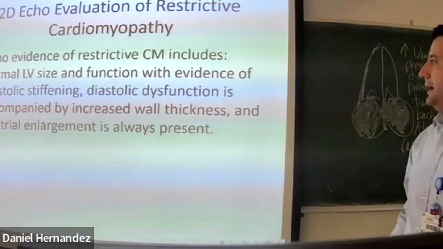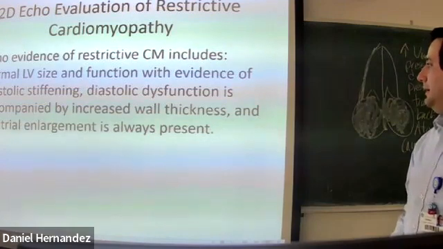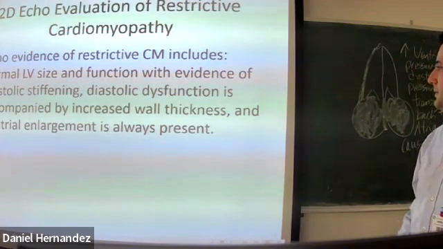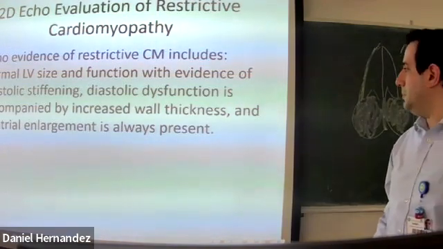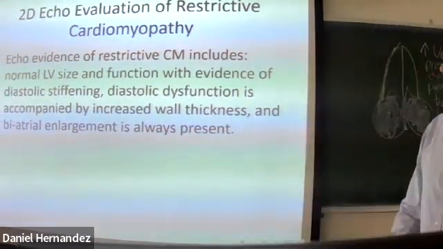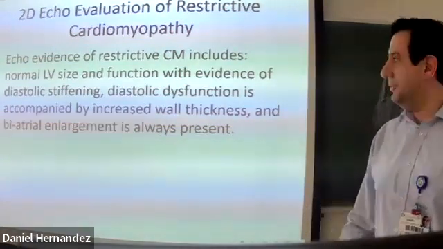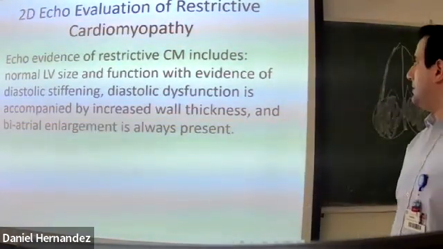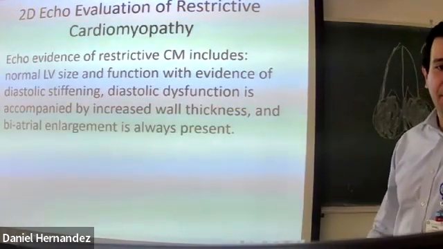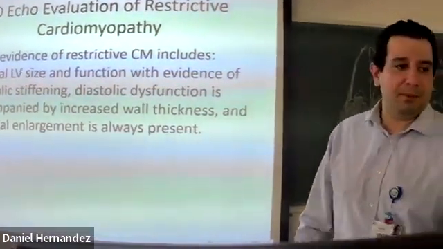There's evidence now of diastolic stiffening. This diastolic dysfunction then becomes accompanied by increased wall thickness, and biatrial enlargement is always present. So again, we're going to look for that biatrial enlargement, normal ventricles. So that's one way you can easily tell the difference between dilated cardiomyopathy versus restrictive. Dilated, all four chambers are going to be big and dilated. Restrictive, just the atria are going to be dilated.